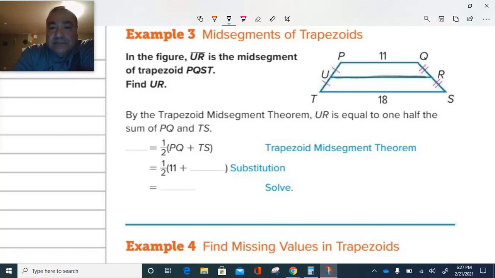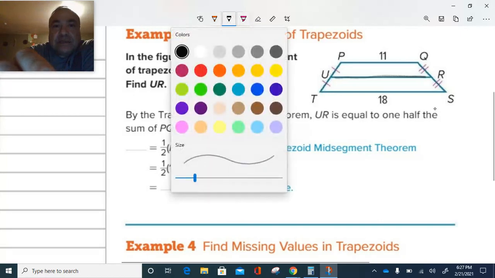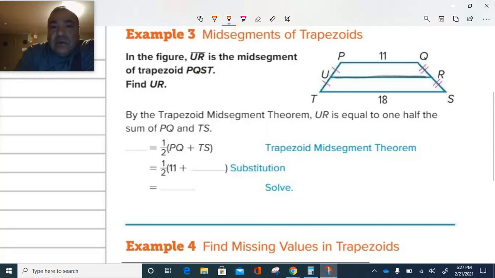So please notice that we will add PQ. PQ will be 11 and TS will be 18. Can you see that? So I have 1/2 of 11 and 29, right guys?